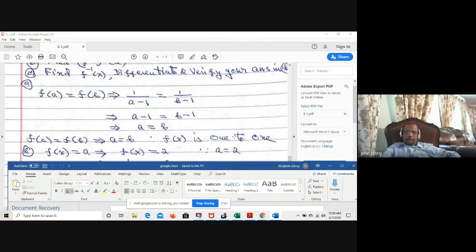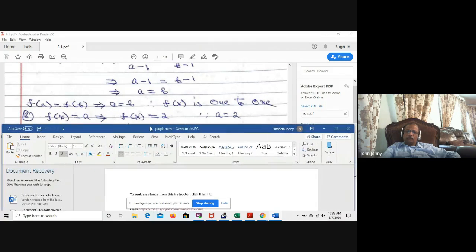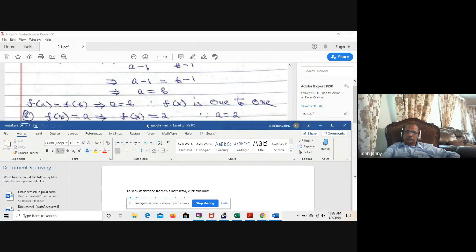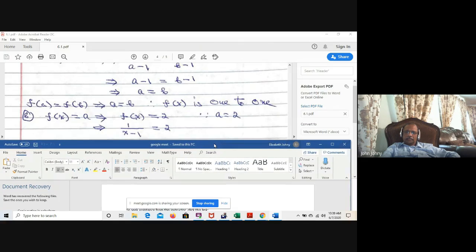Now, the second part is a little difficult. You have to find f inverse of 2. So f(x) is equal to a, where a is 2. 1 over x minus 1 is equal to 2.